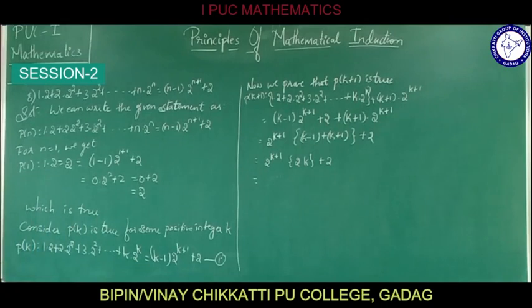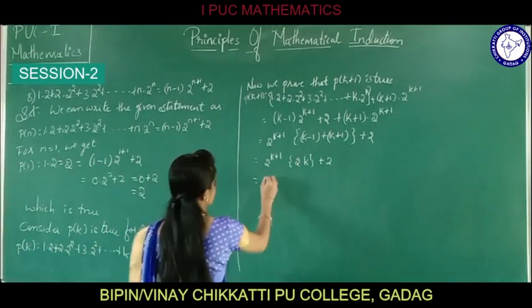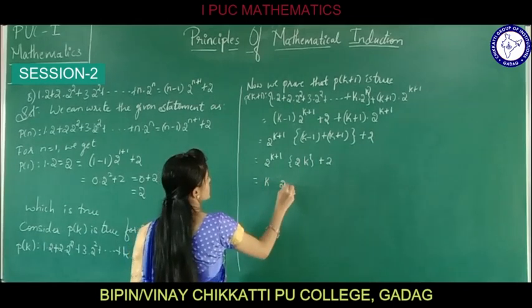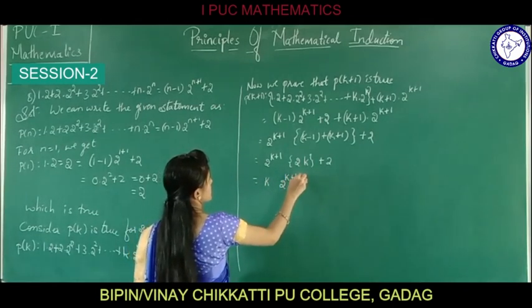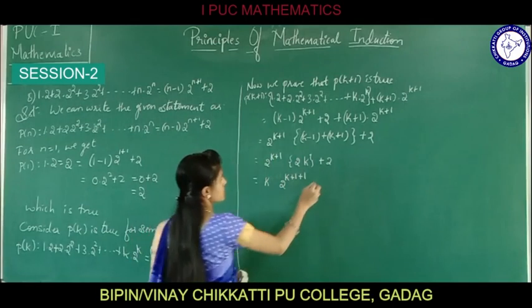This can be written as 2 raised to k plus 1 into k, plus 2.